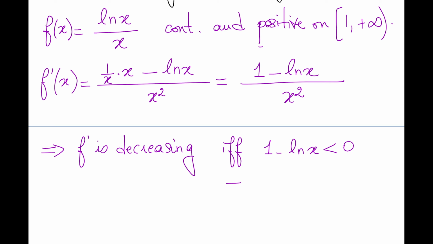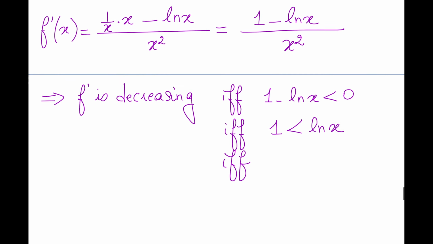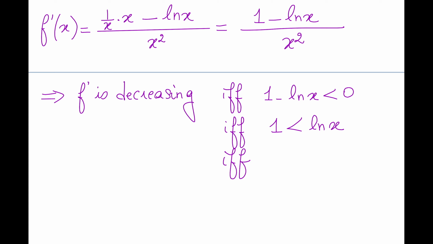And this is the same thing as saying that 1 is smaller than ln x, which means, if you apply the exponential function with base e, you get e less than e to the ln x, which is x. Correct? So f is decreasing, which means f prime is negative, if and only if x is bigger than e. Correct?